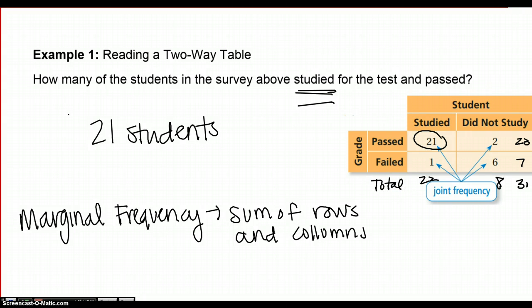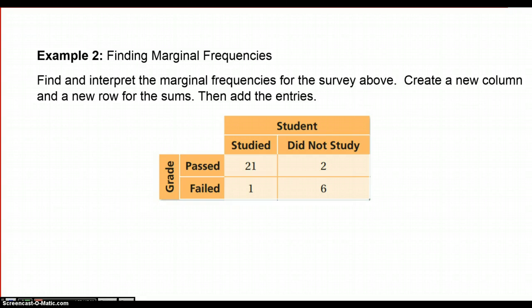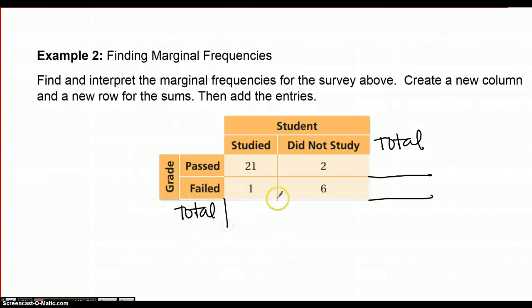And that's what the next question is about. So find and interpret the marginal frequencies for the study. So we are going to make this look a little prettier. So this is total. We're going to extend our table. And total. And extend the table here. And so the total amount of students who studied was 22.